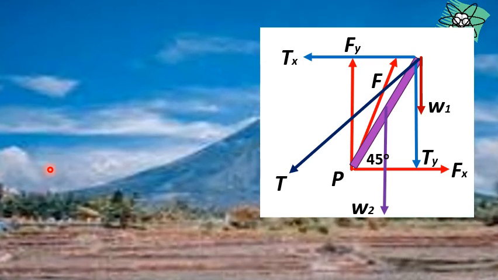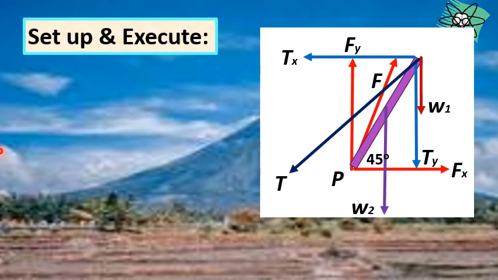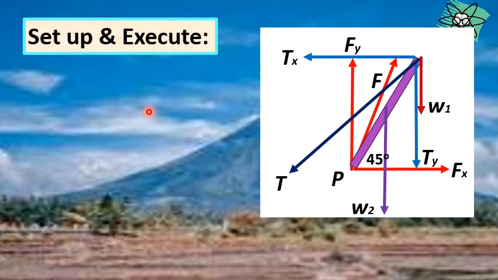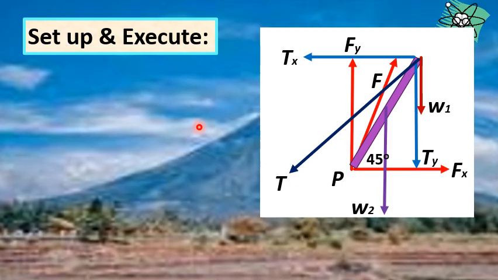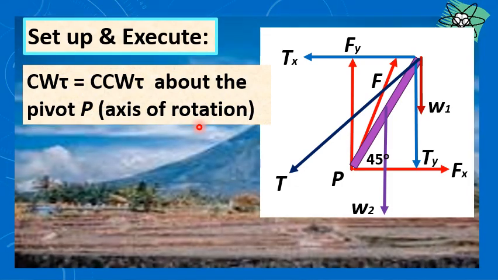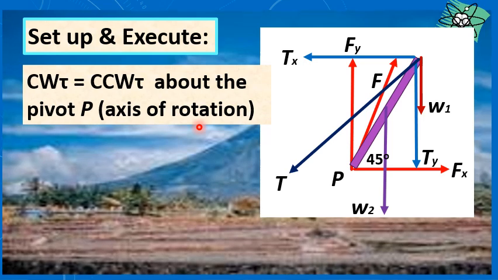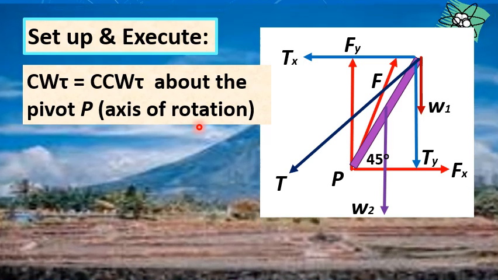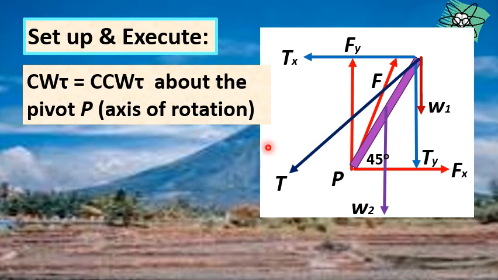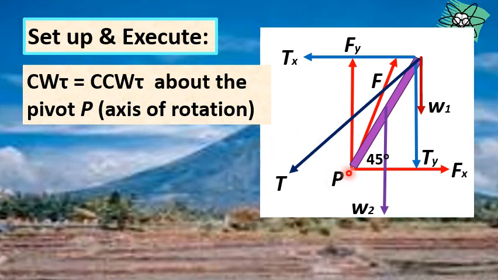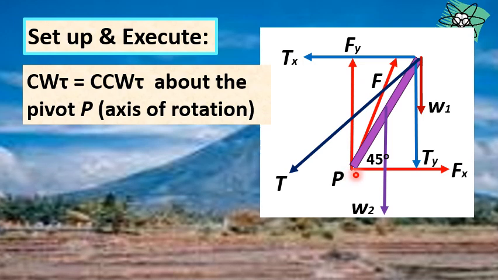To be able to compute the force, or the tension force capital T, we're going to apply the torque principle. In using the torque principle, we choose the pivot point, point P, here in this diagram.